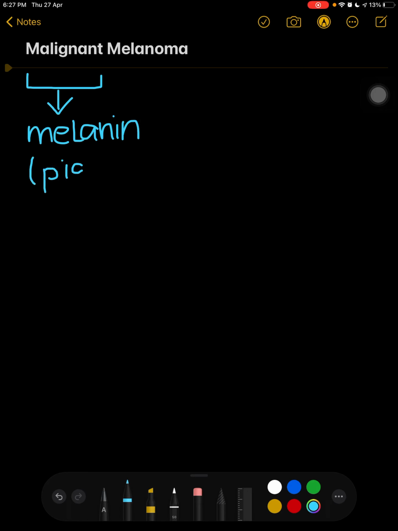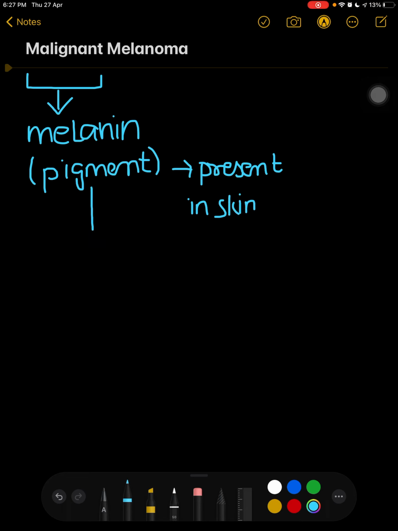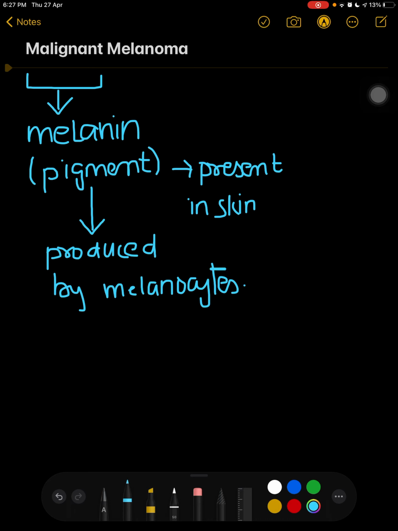Melanin is a pigment present in skin, produced by melanocytes. Melanocytes are the cells present in the skin that produce the pigment melanin. This pigment melanin is used to give color to our skin.